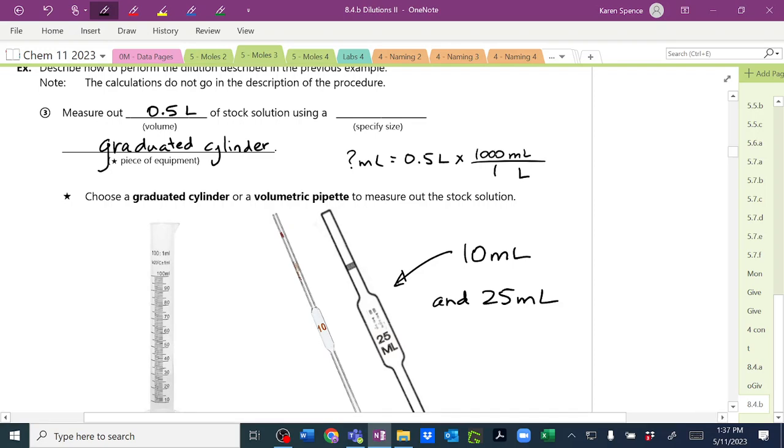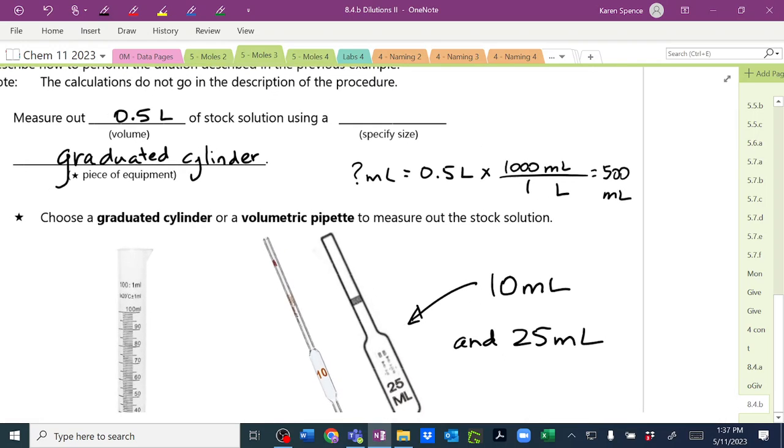So how many milliliters is 0.5 liters? 500 milliliters. So we have a couple of choices for what size of graduated cylinder. 500 milliliters is a reasonable size, so we could use a 500 milliliter graduated cylinder. If you don't happen to have one of those, a 1 liter graduated cylinder would also work.